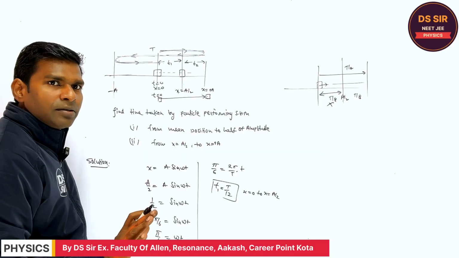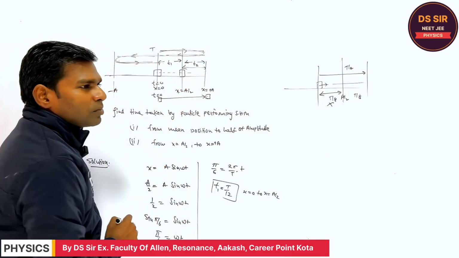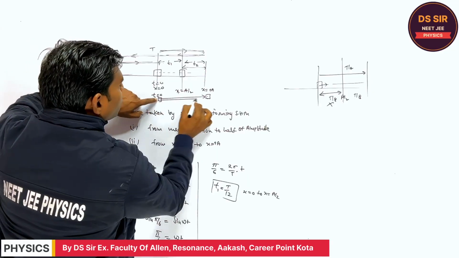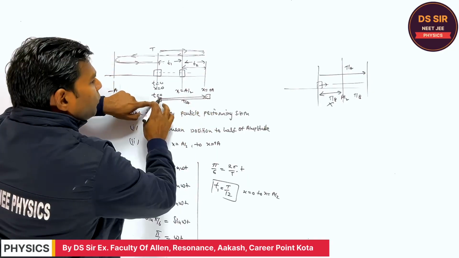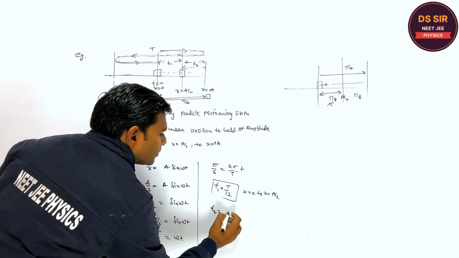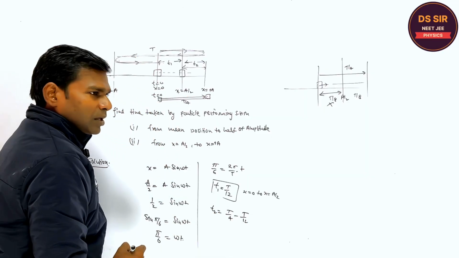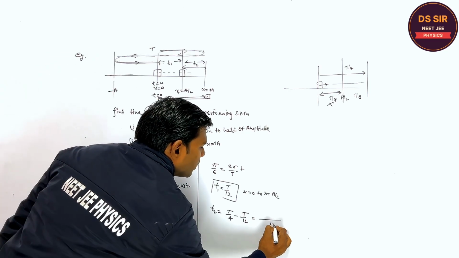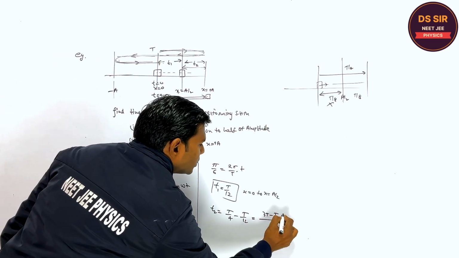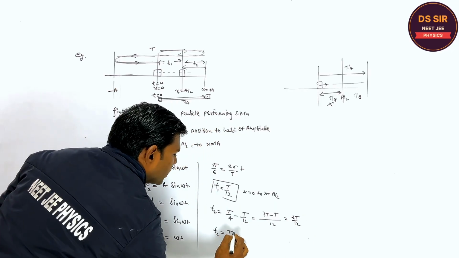You understand? Also, if you want to find the remaining time t2, how to find? The total time is T by 4, and this time is t1. So t2 is T by 4 minus T by 12. When you simplify, 3T minus T is 2T by 12, so the answer is T by 6.